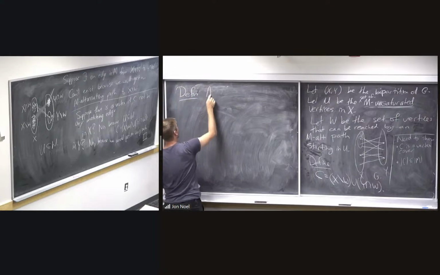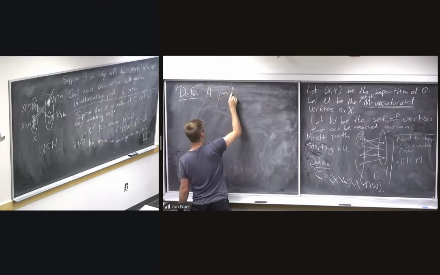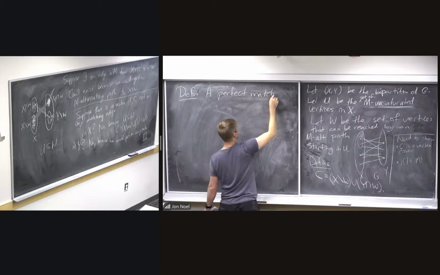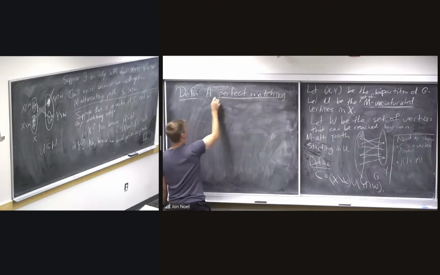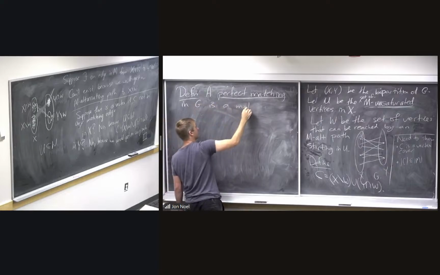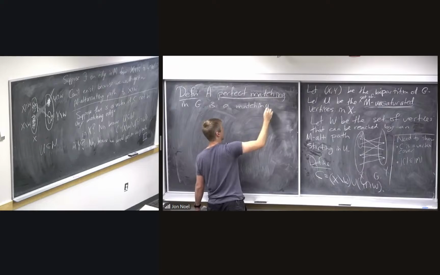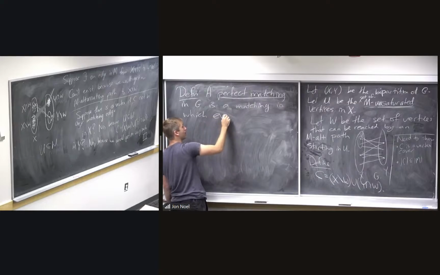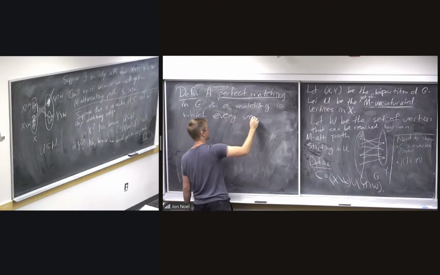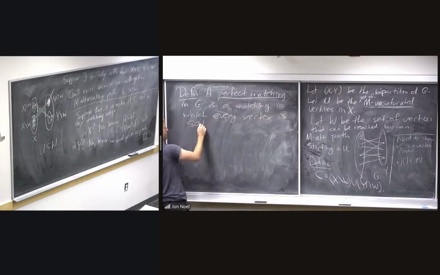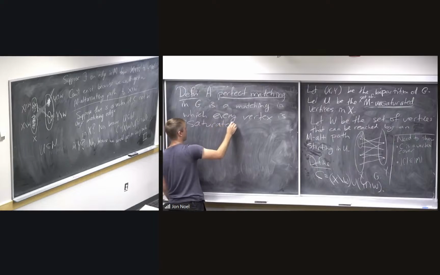A perfect matching in G is a matching in which every vertex is saturated.